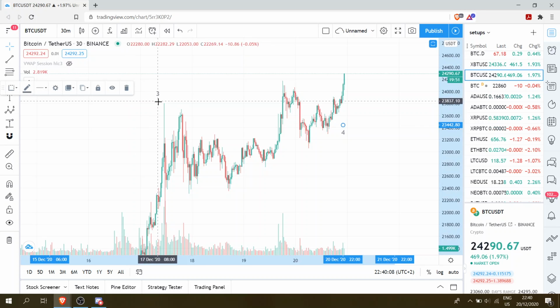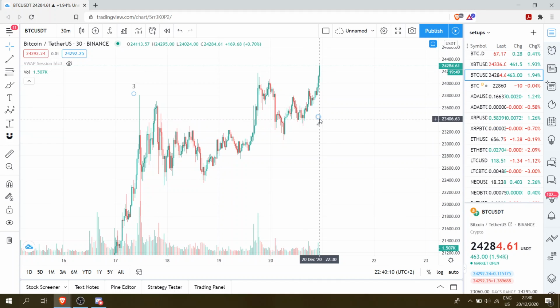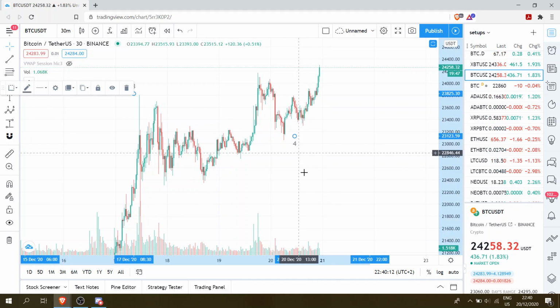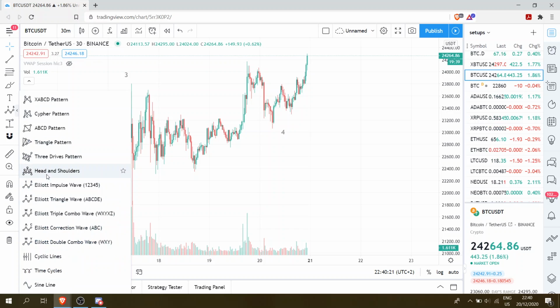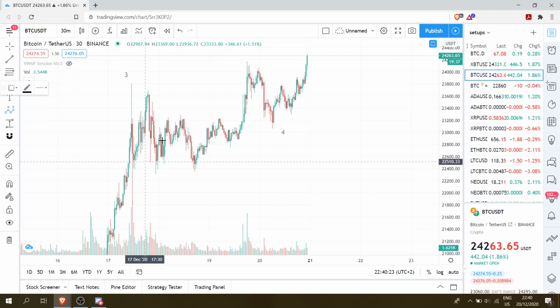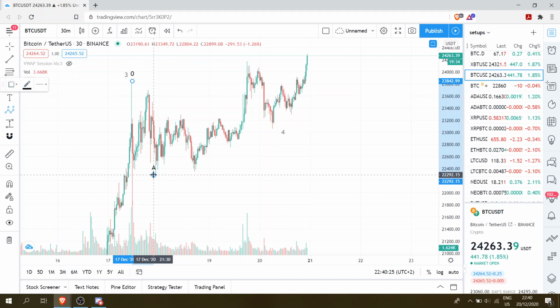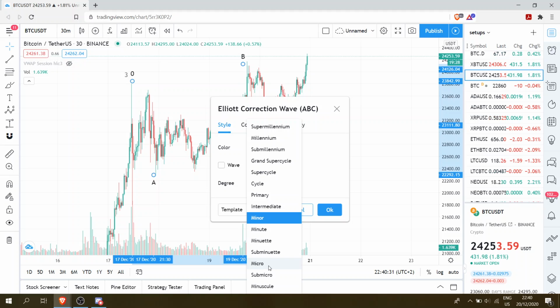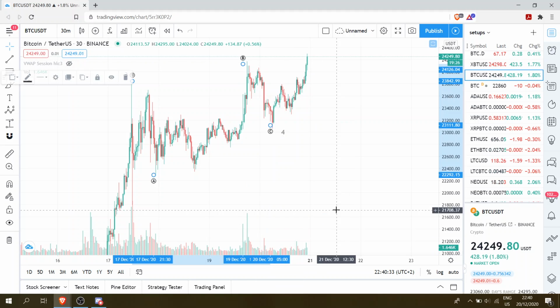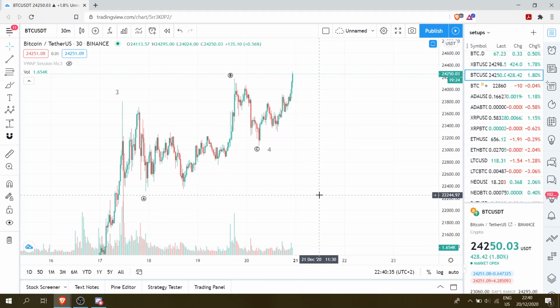Well, I think we have the same pattern once again, a running flat, with another A, B, and C correction. This is me doing basic Elliott wave count.